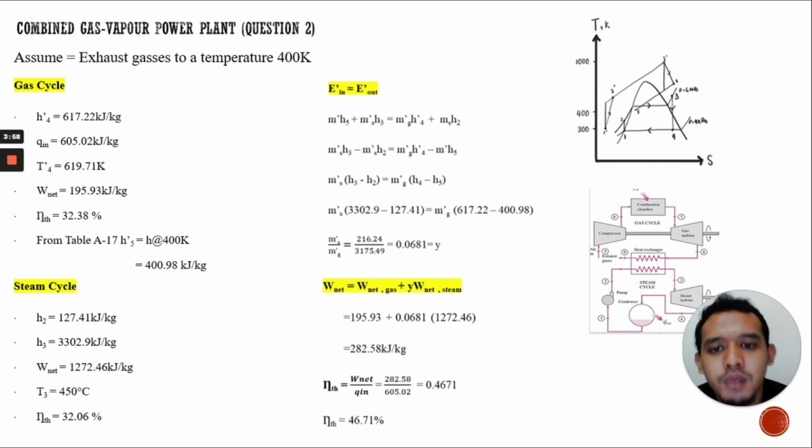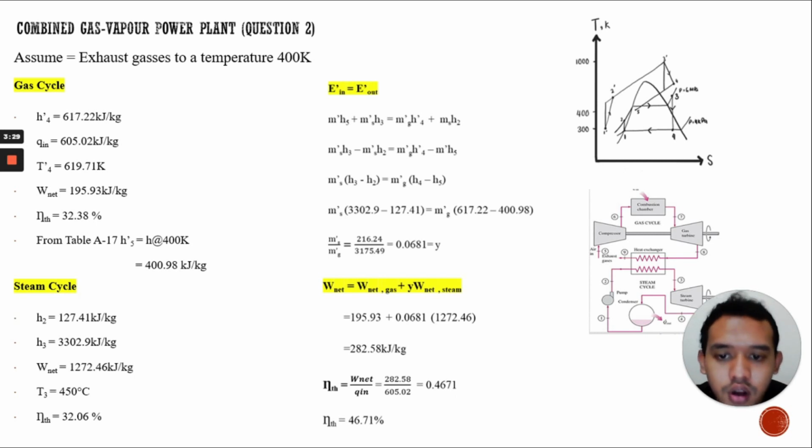Then you simplify, then we get the equation. Then we substitute all the variables. Then we get y equal to 0.0681. That is the relationship between the mass flow rate of steam and the mass flow rate of gas.